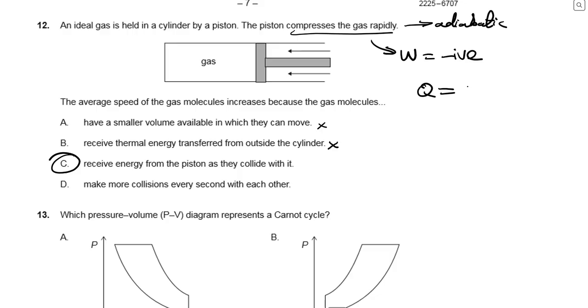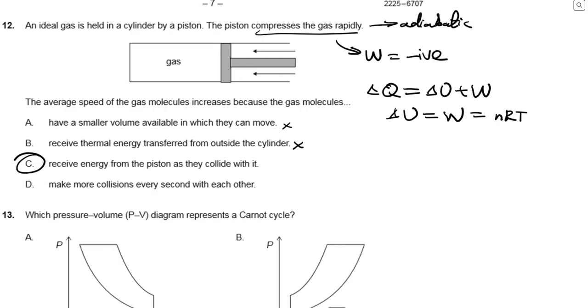We have Q is equal to 0, and W is negative, so delta U is equal to W. So that work goes into increasing internal energy, and that internal energy is our kinetic energy, right? Because it's an ideal gas, which is equal to nRT, let's say.